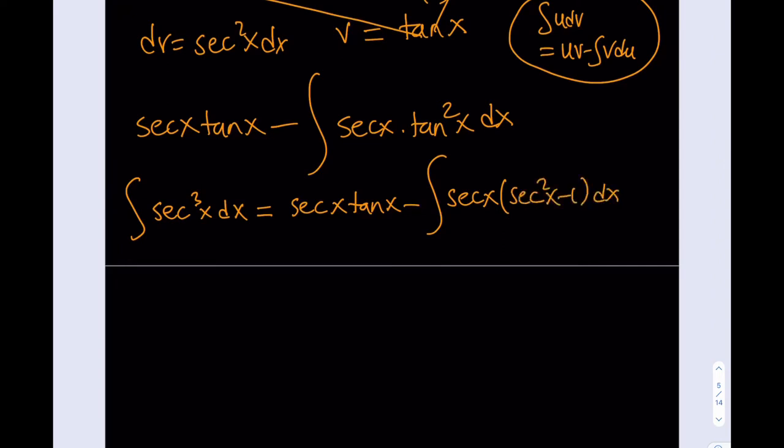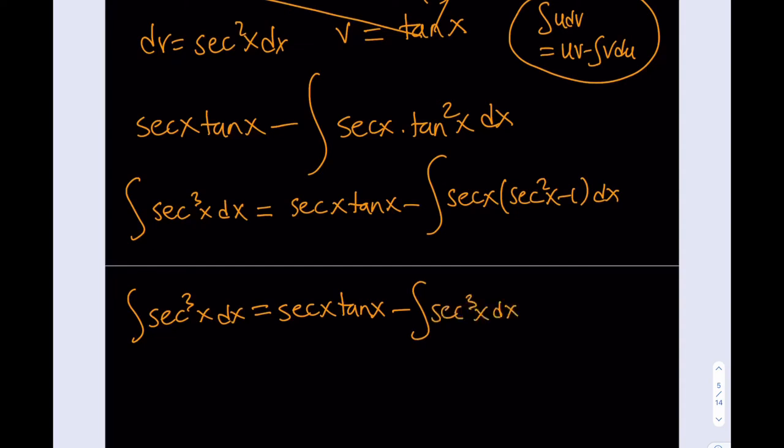Now I'm going to distribute it and separate these integrals. But when I separate, I have to be careful, because negative times negative is going to be positive. So I have secant cubed x dx is equal to secant x tangent x minus, I'll be getting secant cubed x from here, notice that, plus the integral of secant x dx.